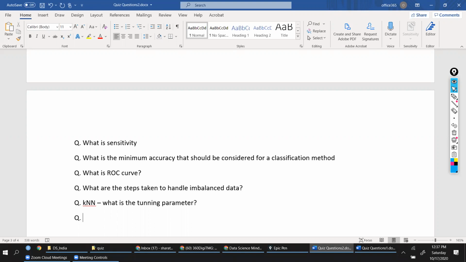What if I have two different categories having same distances with respect to the new record? How do I classify? I'm talking about same distance.